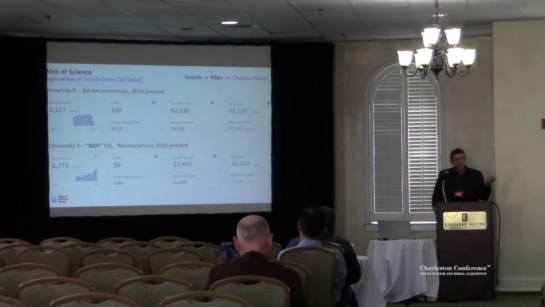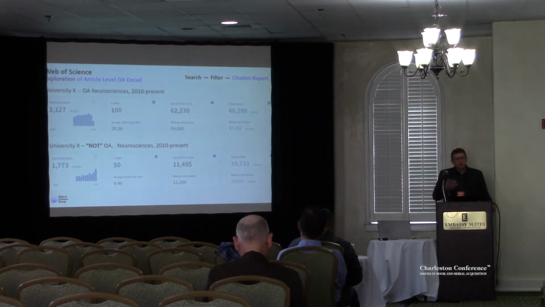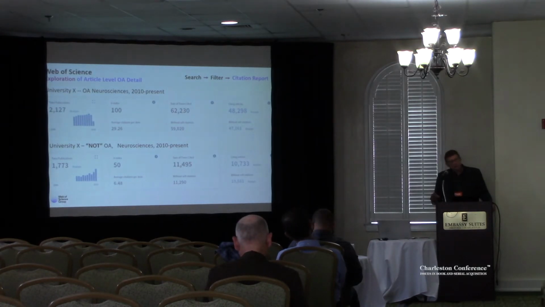But search on the university, pull in all of their publications. I filtered on the neurosciences category, and we use about 250 different categorizations in Web of Science, and these are fundamentally journal-based types of categorizations. So search on an institution, pull in everything published in neurosciences by that institution, limited the date range.